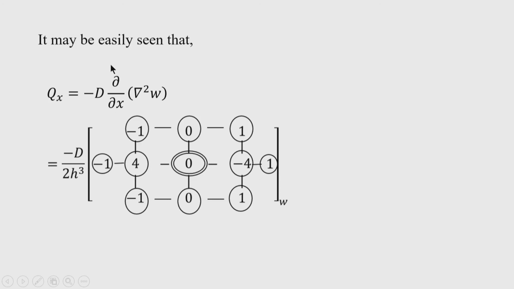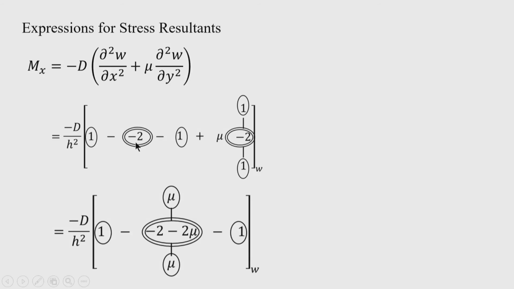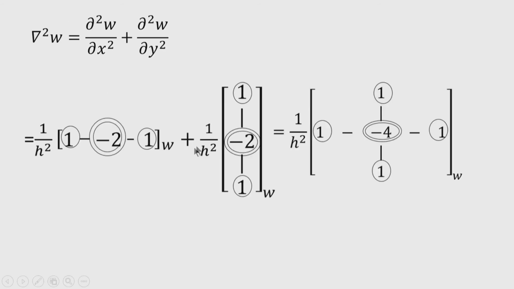So, it may be easily seen that the shear force is nothing but minus D del by del x of del square w. Okay. The del square, if I expand it, will be del square w by del x square plus del square w by del y square. After operating with this, because del square w we already found out, this quantity.